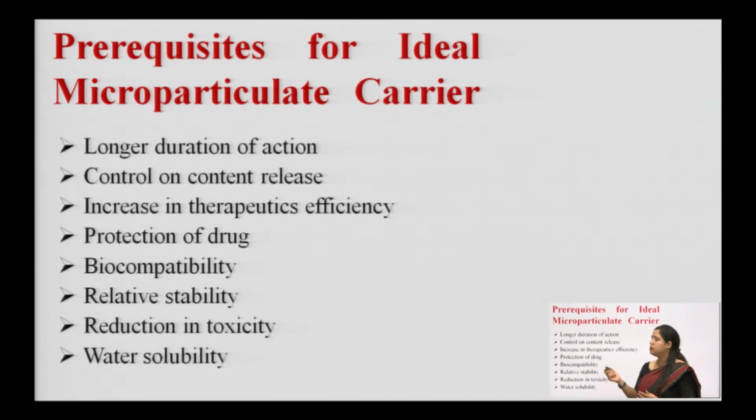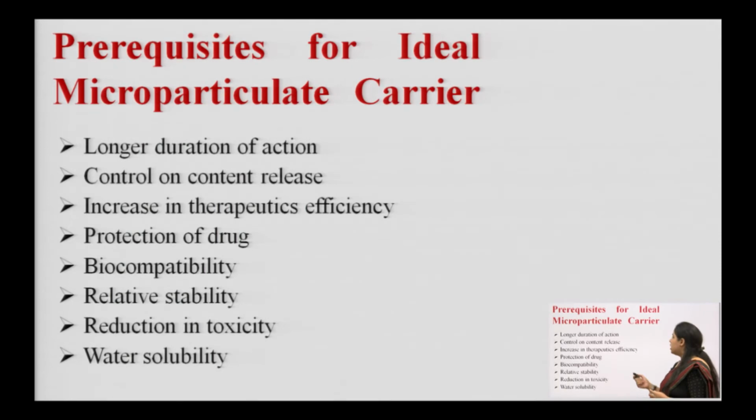Because we have some considerations there. Why? We want longer duration of action of a drug within the body. We want control on drug release content in the body once administered, increase in the therapeutic efficiency by decreasing the toxicity and the side effects. We can say that drug efficacy is increasing.